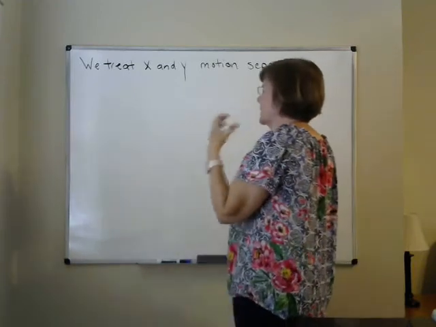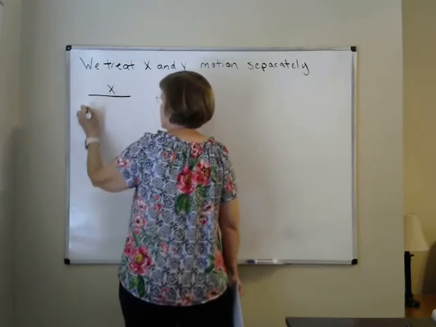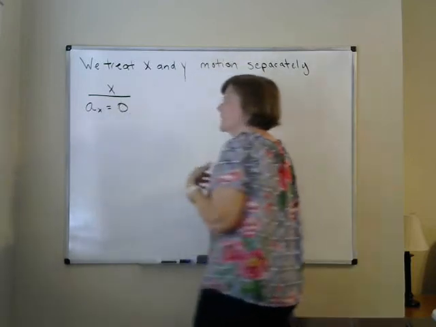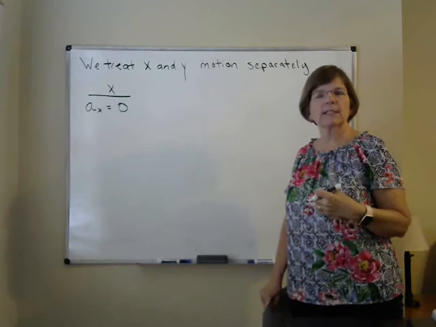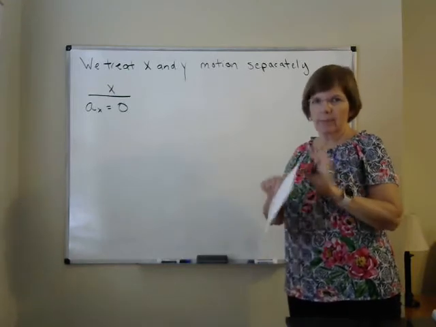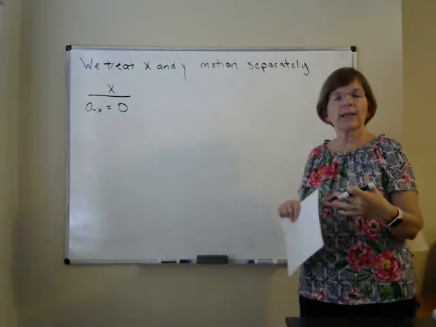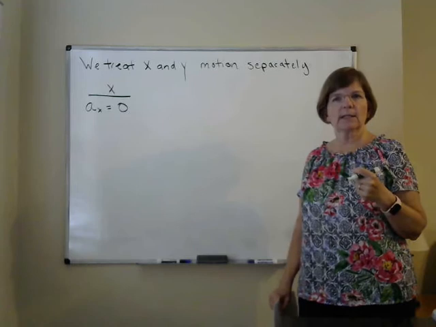Now, the key thing that's going on horizontally is that the acceleration is going to be zero. We don't have any force of nature that causes things to accelerate horizontally. I realize there's wind and things, but if we don't have air or wind, there's nothing that's going to cause something to accelerate horizontally.